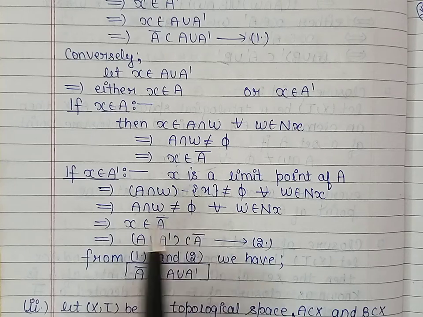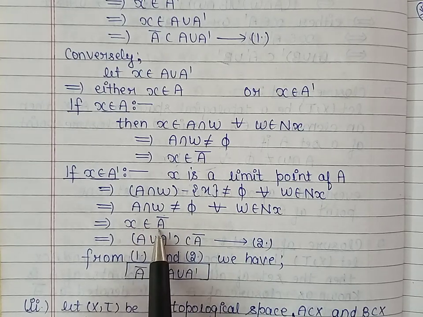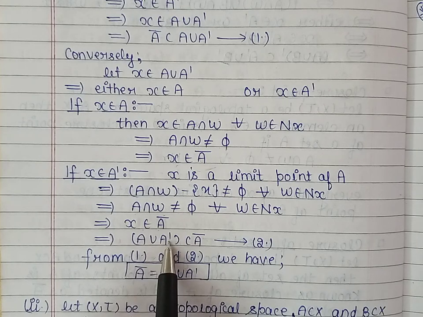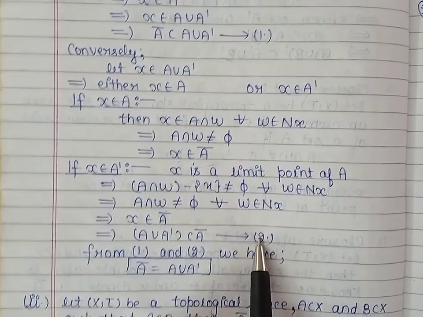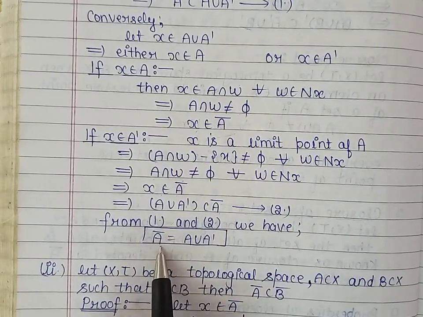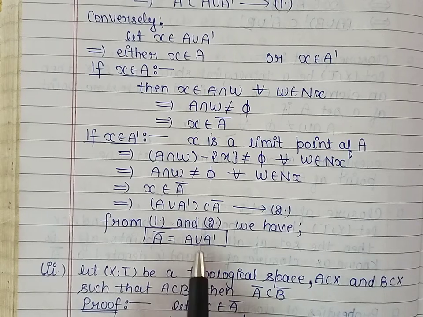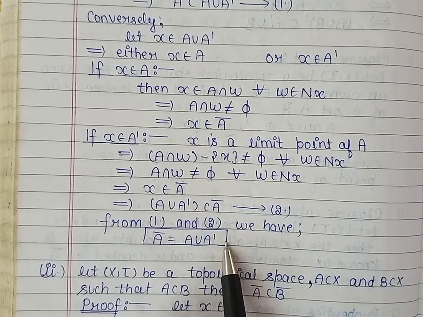So by definition it means x belongs to A closure. So we have proved A union derived set of A is contained in A closure. Now we can combine equation 1 and equation 2. So from here we get A closure is equal to A union A dash.